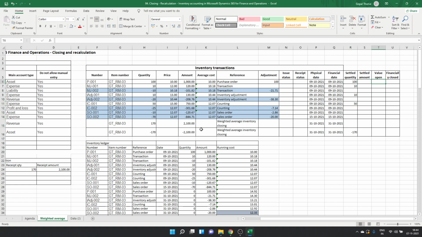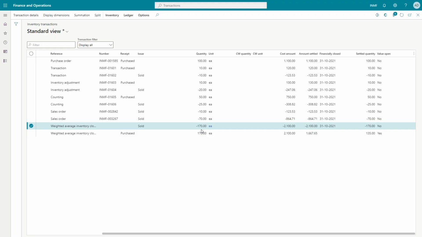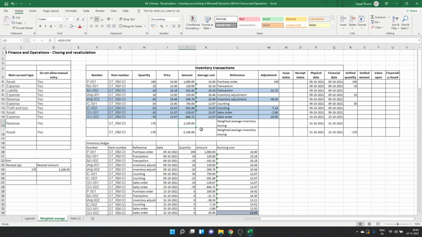Value open means whatever value is posted at the time of closing of the inventory, whether it is settled against this or not. That is meant by this particular transaction. It is 2100, correct.